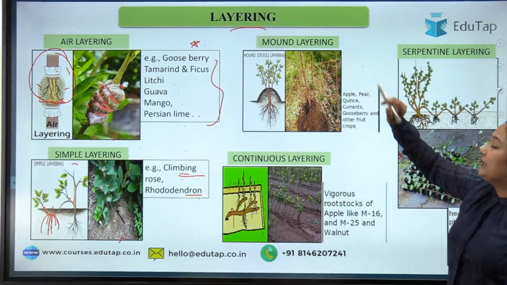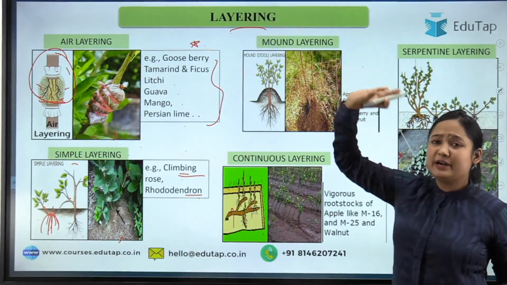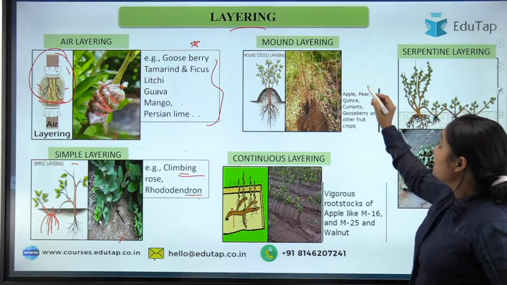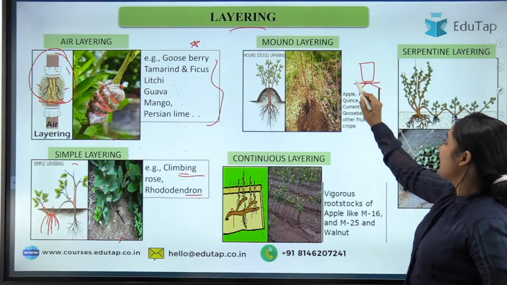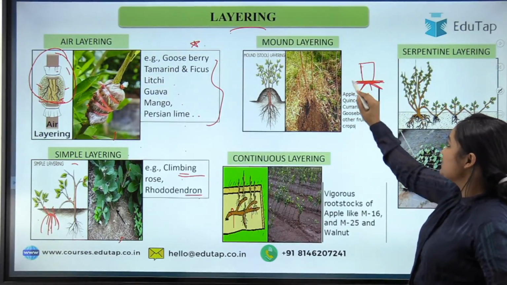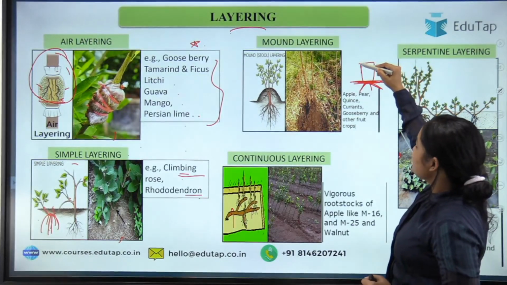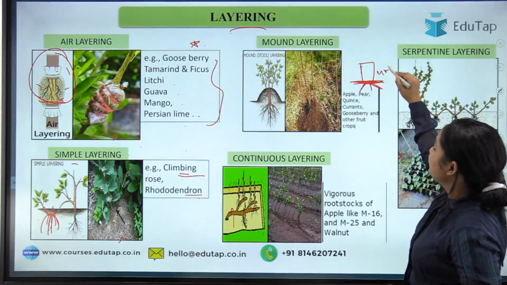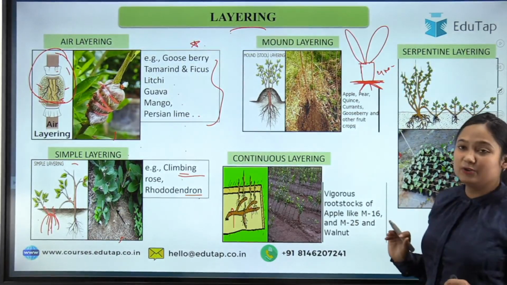Now moving to mound layering. Now see what happens in mound layering. First of all, you will let your plant grow. Okay, once your plant has grown, suppose this is the stem part and this was the original root part, and this was your land, and above the land this was the part. Suppose after growing for around 4 months, after the branch there will be 2 sub branches that will grow.